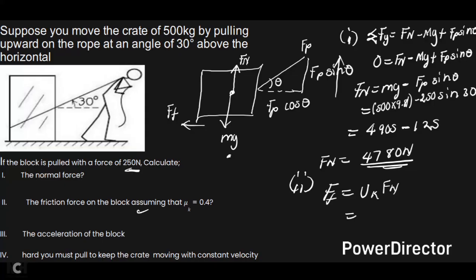So uk is 0.4, and the normal force is 47.8. When you multiply 0.4 times 47.80, you will get about 1912. That's the friction force that is resisting this object.